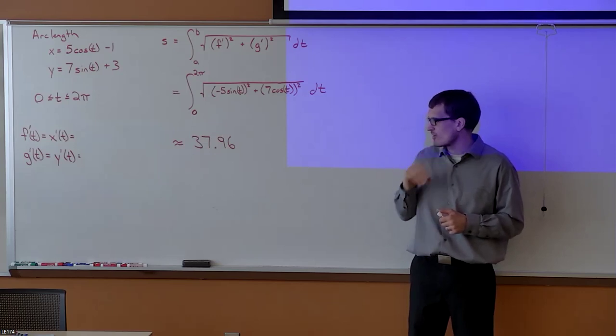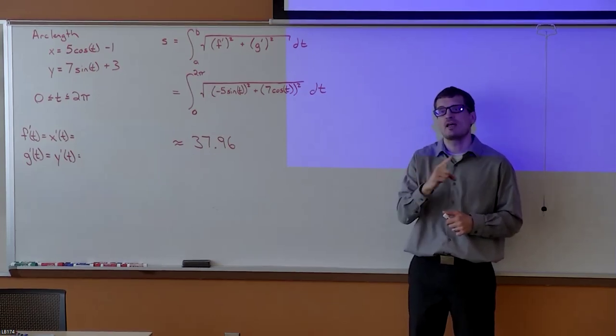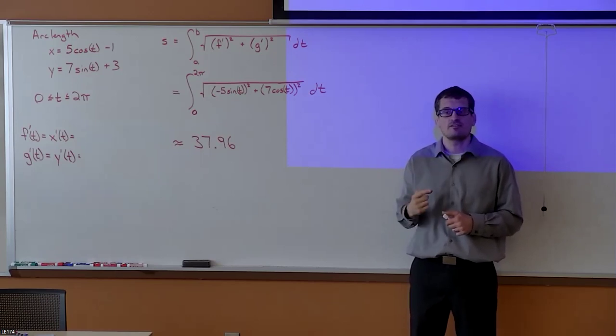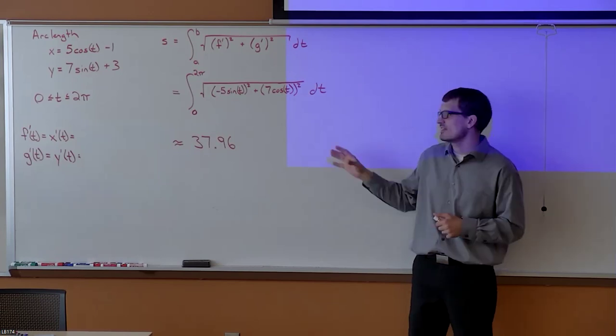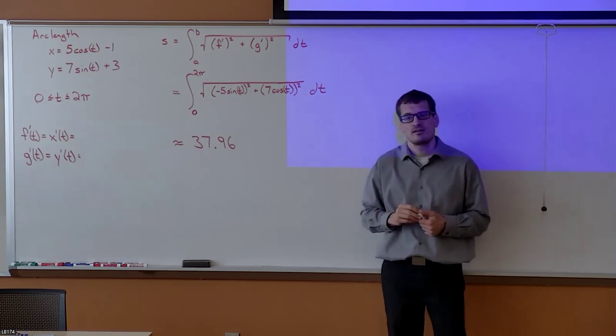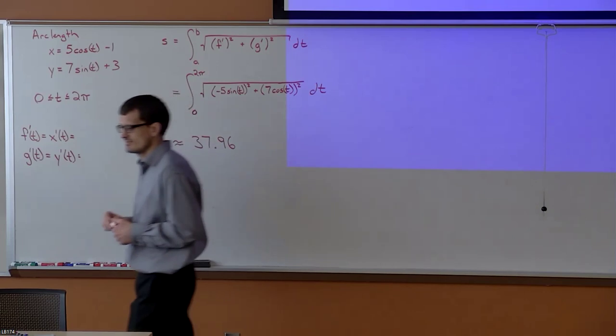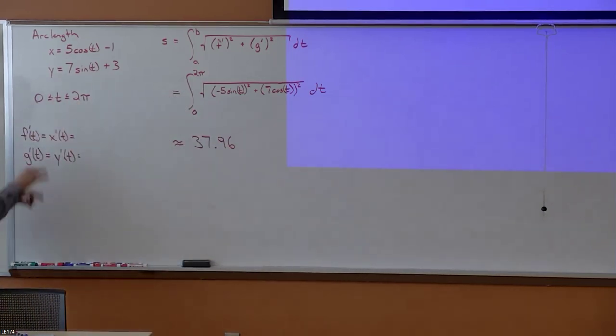So all planetary orbits are that way. So you can figure out how far around the sun our planet orbits in a year using things like this. Obviously the numbers are going to be much, much different than 5 and 7, but that's the idea.